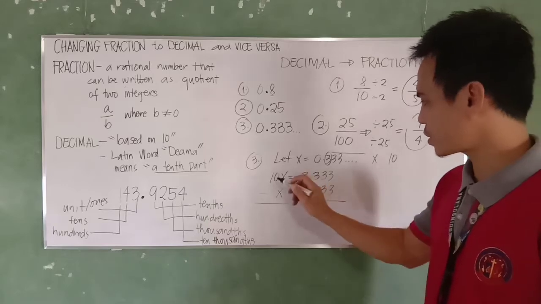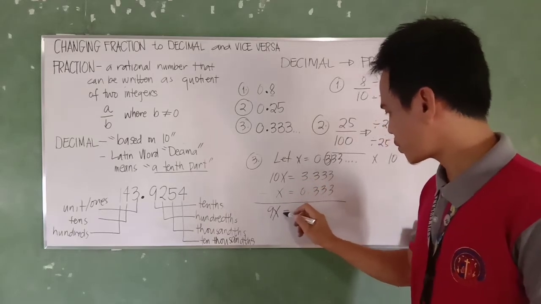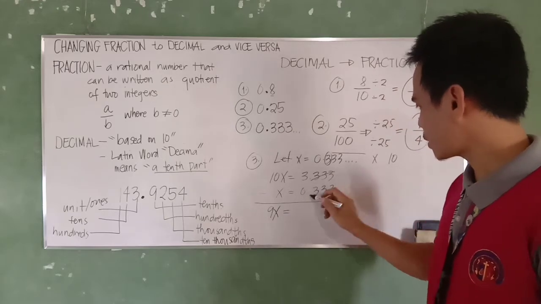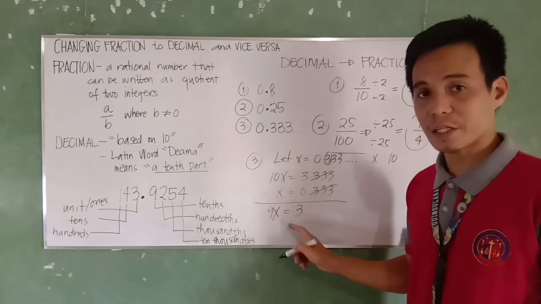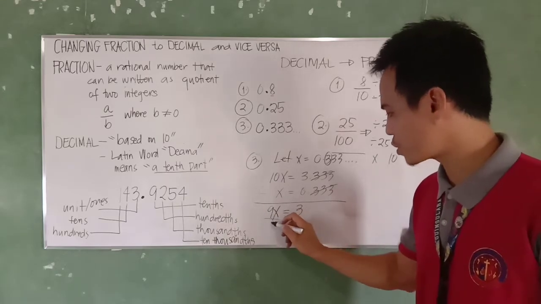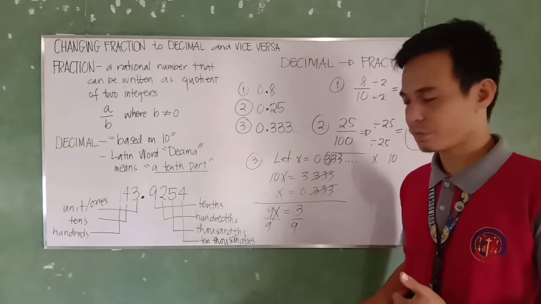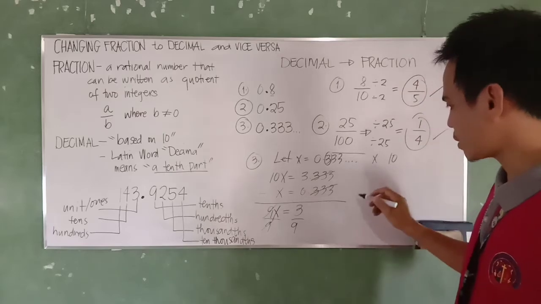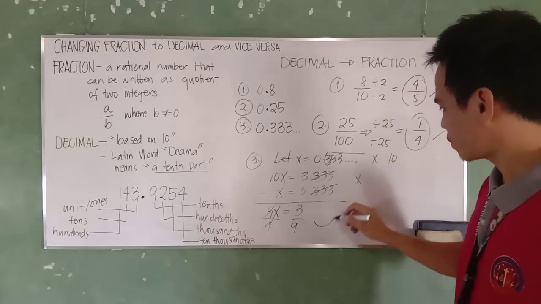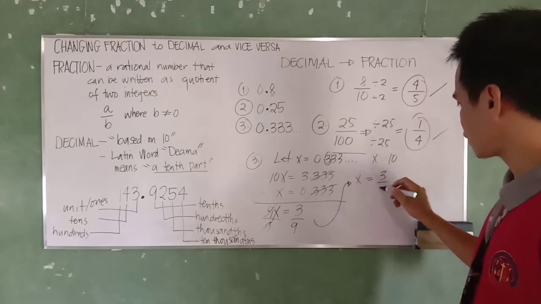So therefore, this is 10x minus x is 9x is equal to, this is cancelled out, guys. So matitira is 3. Then to get the value of our x is to divide both sides by the coefficient 9. Okay? So this is cancelled out. So matitira is x is equal to 3 over 9.